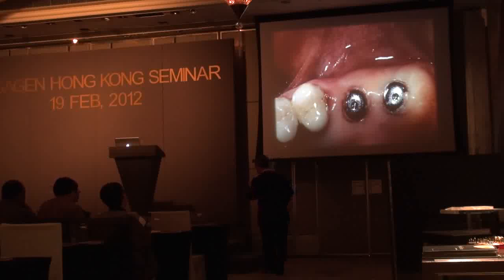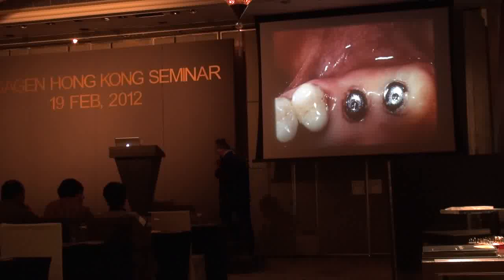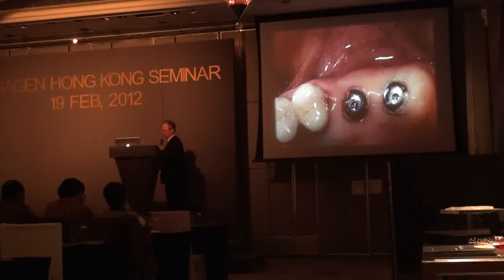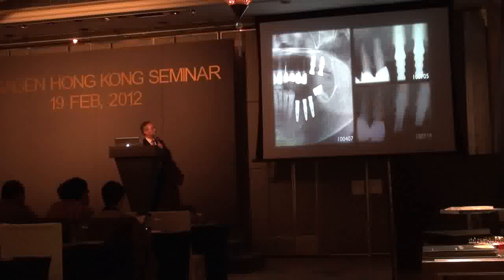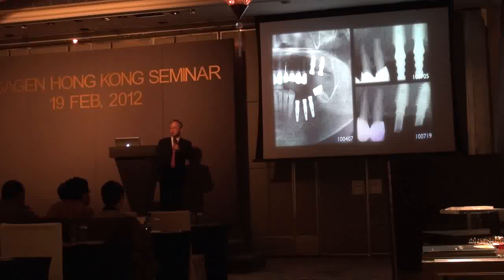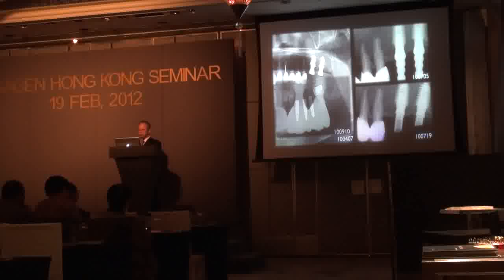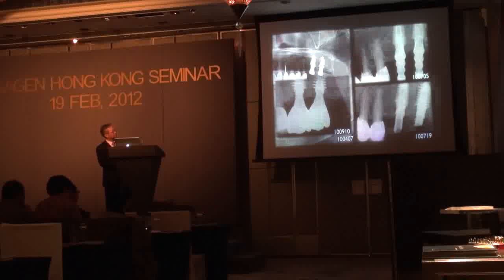So after placement, you can connect the healing abutments immediately after surgery, and then just wait 3 months, or 2.5 months, 10 weeks later, to apply pressure and make a temporary crown and finish the restoration.